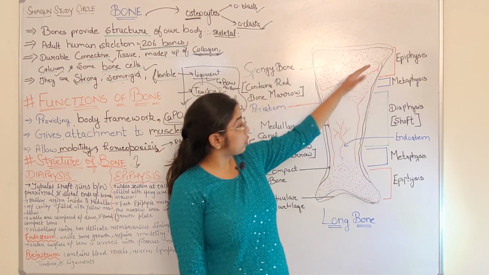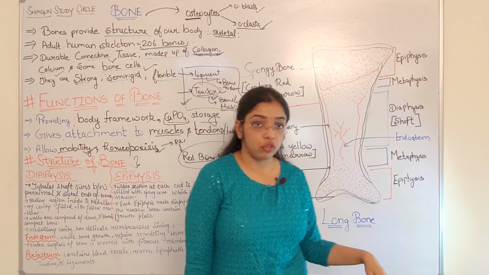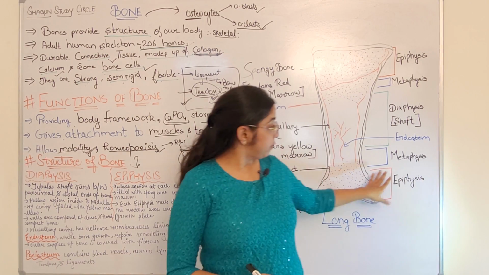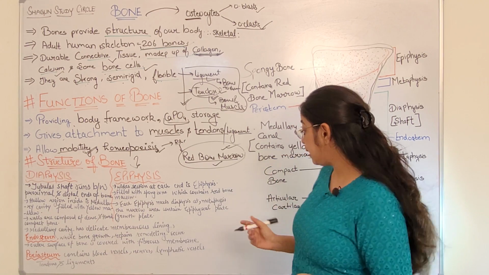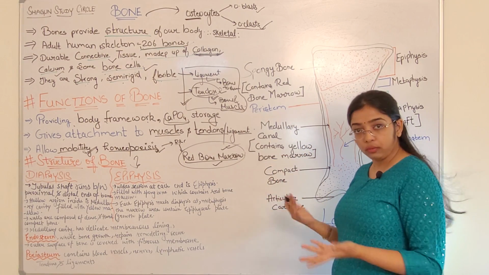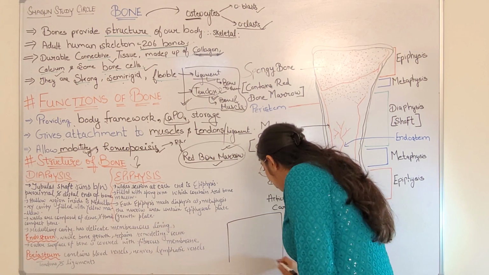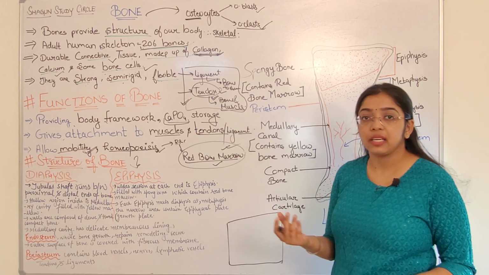I have drawn the structure of a long bone here. So there are two types of bones. One is long bone and one is short bone. Long bone, this one. Let us quickly draw the structure of a short bone, which is quite easy. Then we will study both of them. A short bone is actually small, and you can understand it like a sandwich.